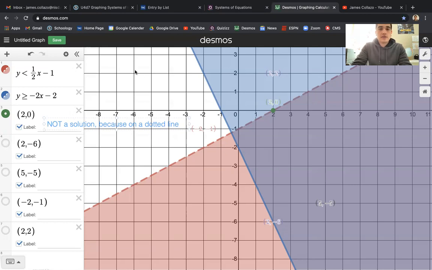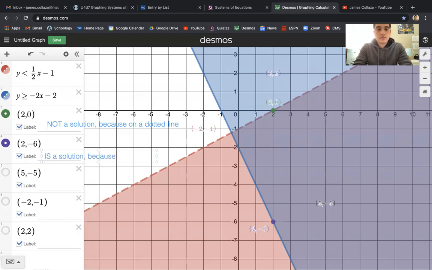The next point we're gonna look at is 2, negative 6. And that point is right down here, okay? So y'all can see it's on the blue solid line. For that point, it's in the red shaded, y'all can see because the red shaded is all right here. It's in the red shaded and it's on a blue solid line. So this one is a solution, okay?